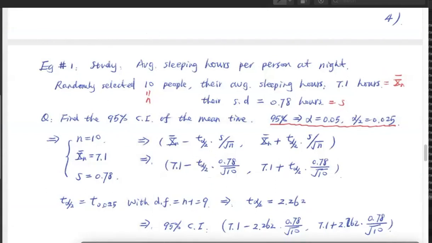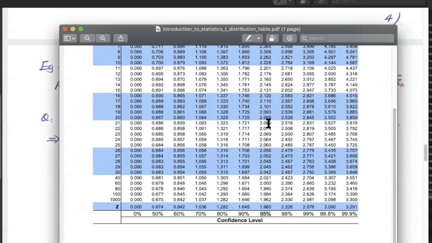So how do we find which number in this column, 95% here, is determined, everybody, by which row? Which row?